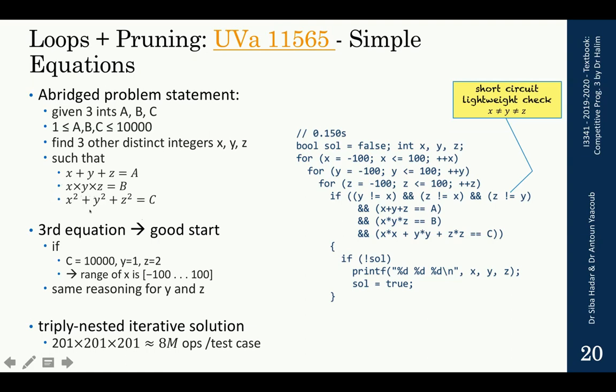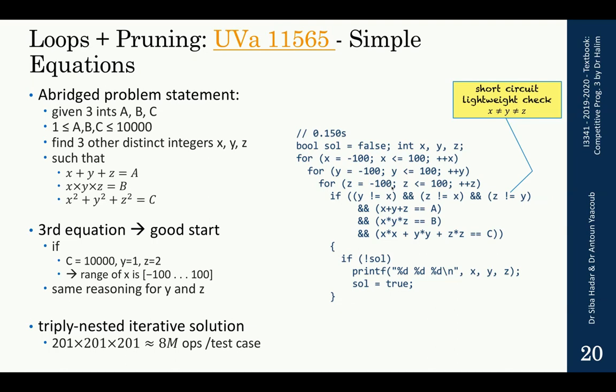If we eliminate these two terms, if we consider y and z almost 0, they cannot both be 0, they have to be different, we will have x to the power 2 equals c, which will give us x in the range of minus 100 to 100. We apply the same reasoning for y and z, and so we deduce that the 3 nested loops must go from minus 100 to 100 for a complete search of x, y, and z.